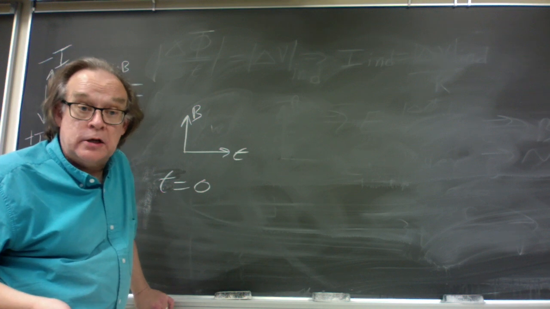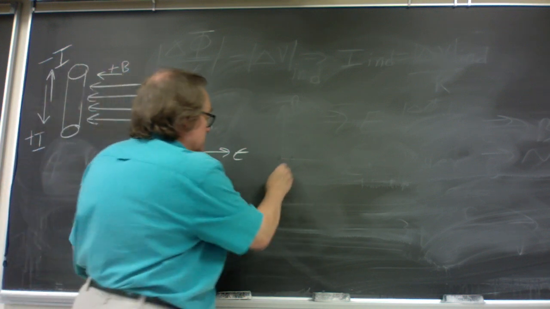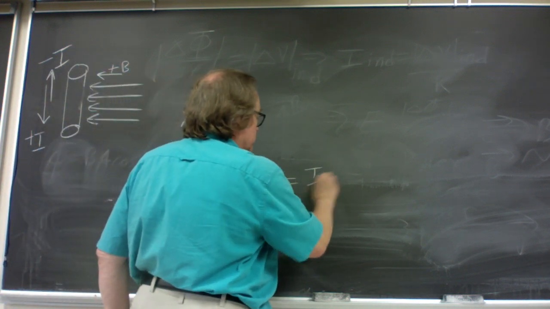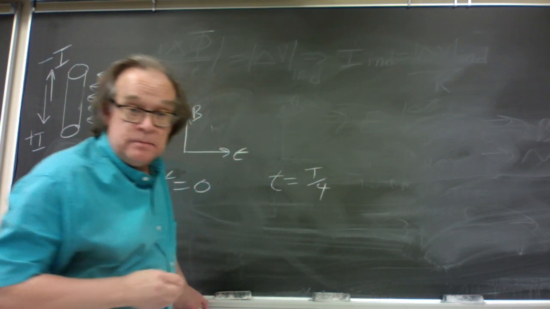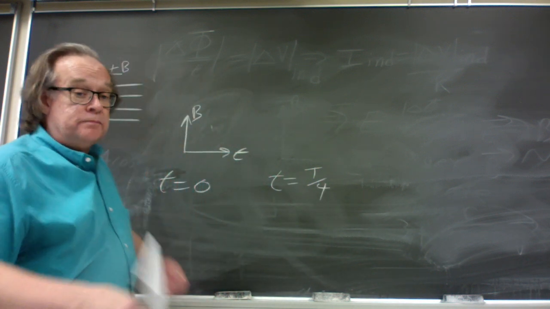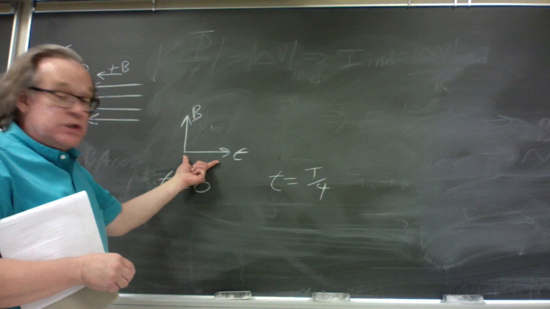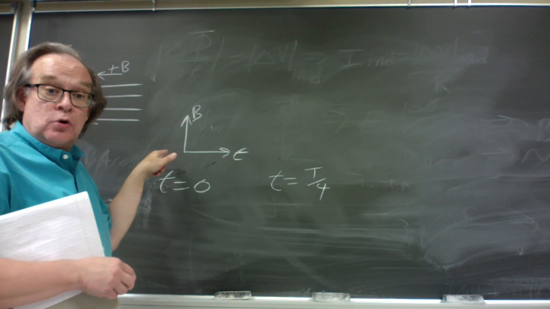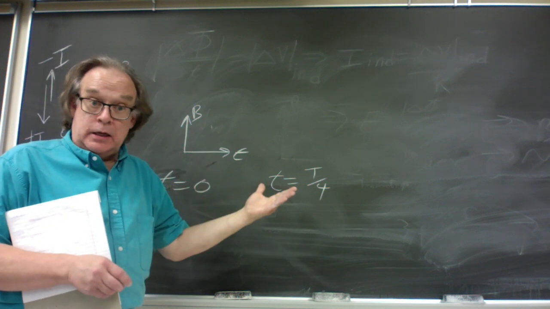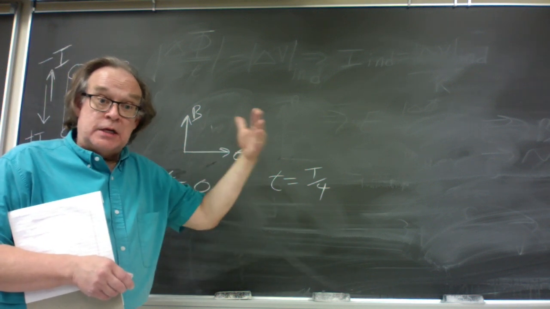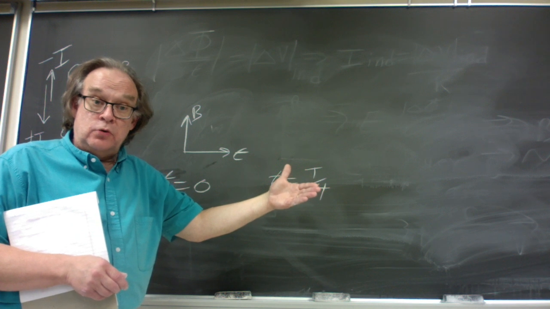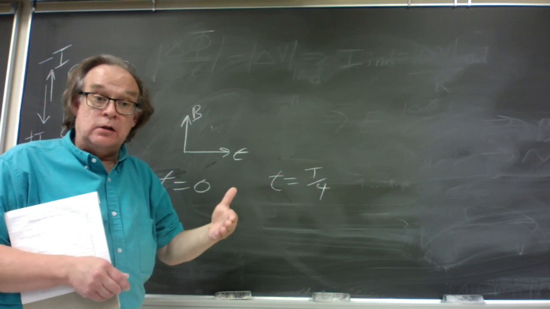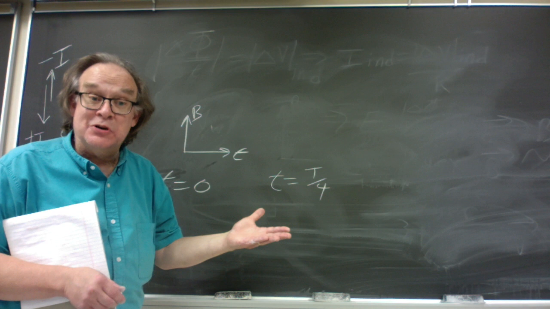Then a quarter cycle later, with the time equal to 1/4 of the period, say these fields are both at their maximum values at this time. Well, any oscillating thing, if it's at maximum value at one point, a quarter of a cycle later, it's back to zero.